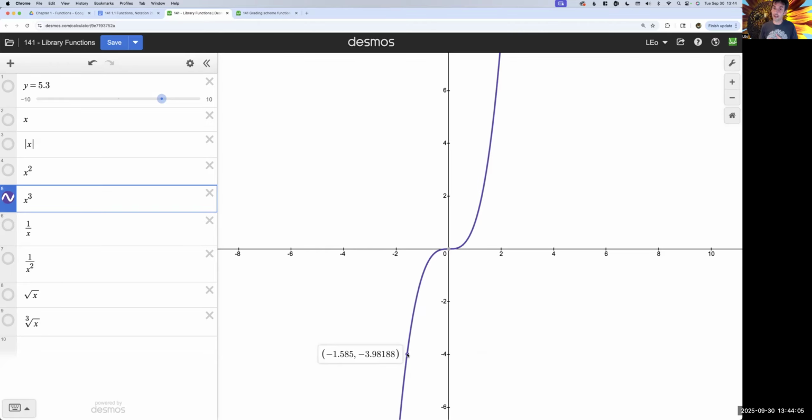Or at 0, there's only one point at 0, or at 1. There's only one point on this graph with a y coordinate of 1. Because to the right, it just keeps going up. To the left, it just keeps going down.